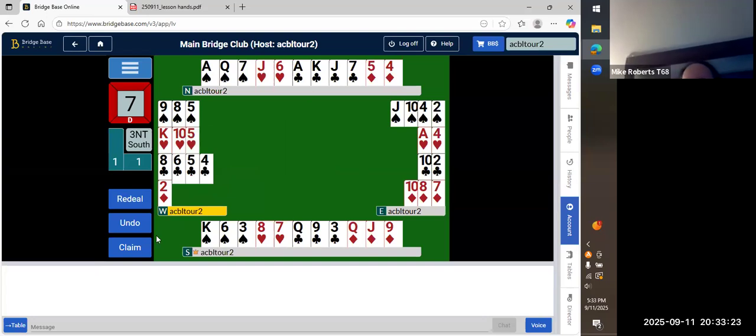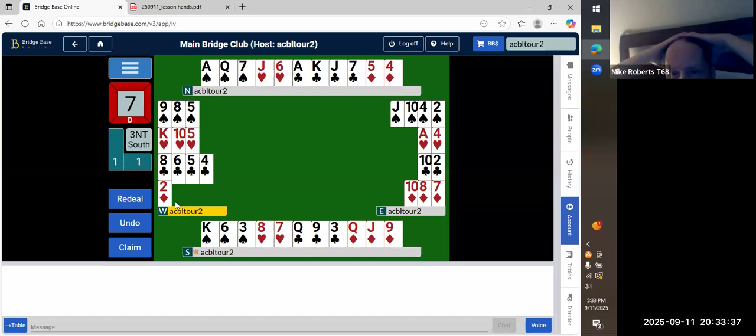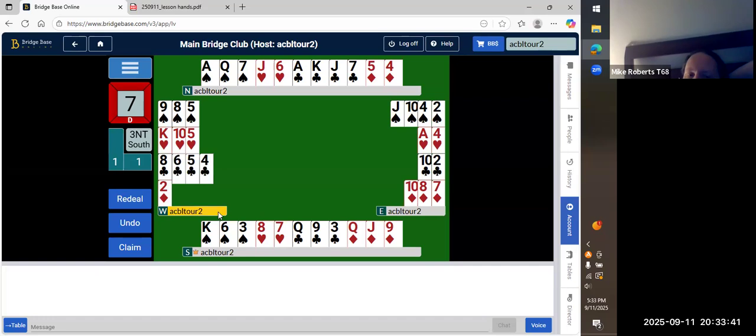So the 9 of hearts is wrong. The ace of hearts makes life easier for the defense. So third hand high is right here, not only because it'll take a trick or save a trick on some layouts, but it'll certainly make partner's life easier, knowing exactly what the heart suit is. Hopefully that answered the question on that one.